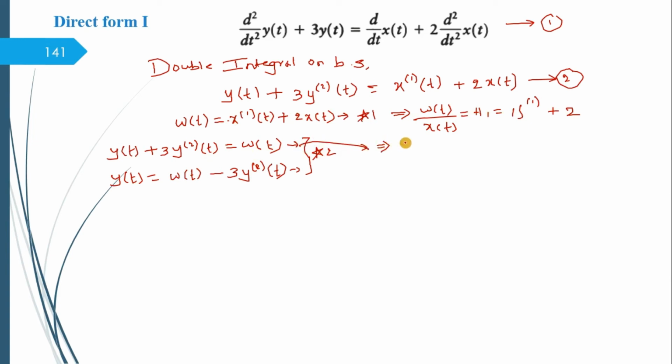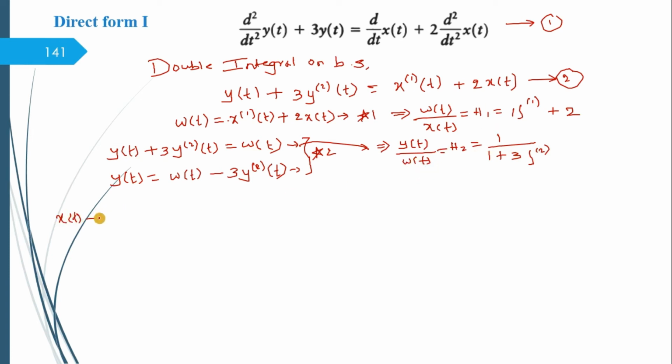So I get y of t divided by w of t, we represent it as h2, and what is left out here? y of t, if I take common, 1 plus 3 double integration will be left. That I have to take on the other side, so to form y of t divided by w of t, it will come in the denominator. So you get 1 plus 3 into integration twice.